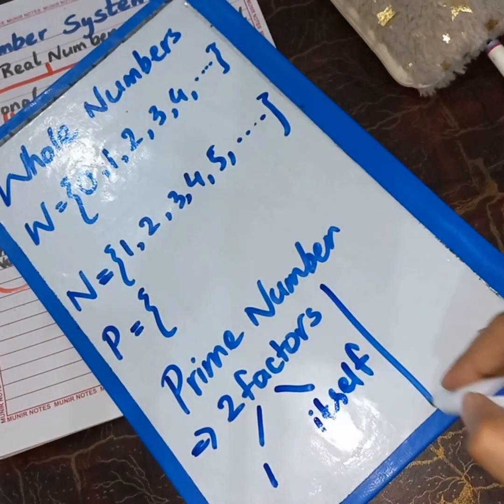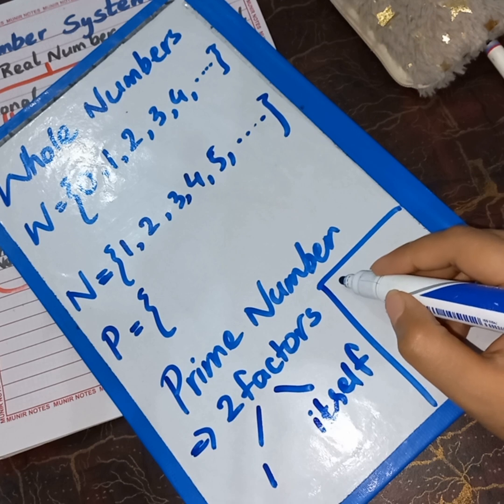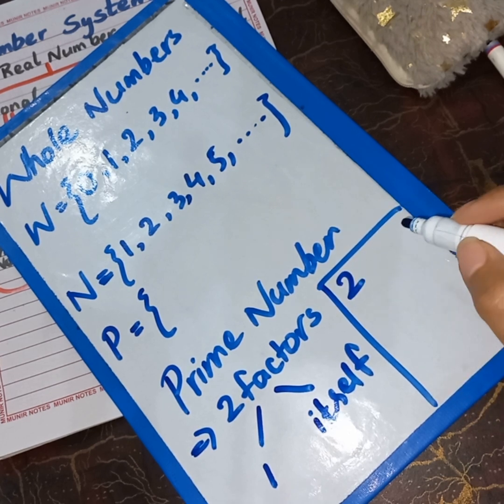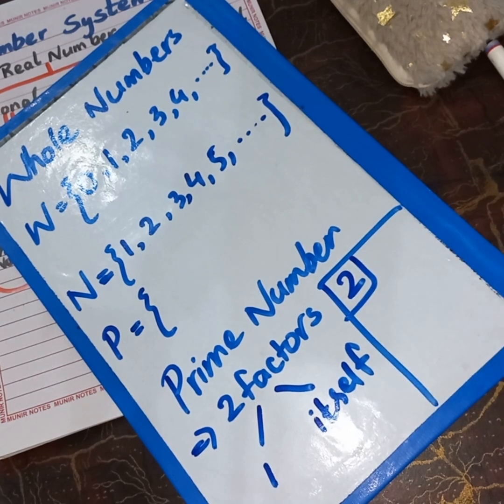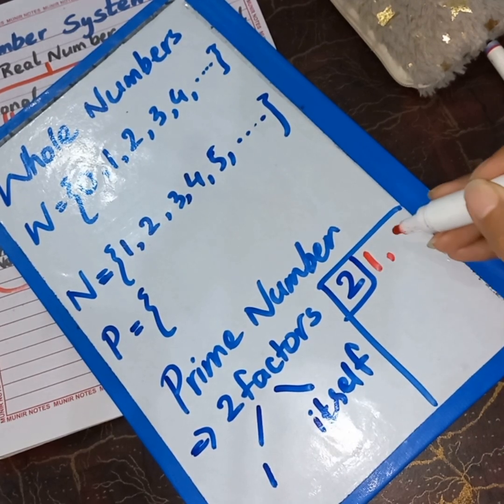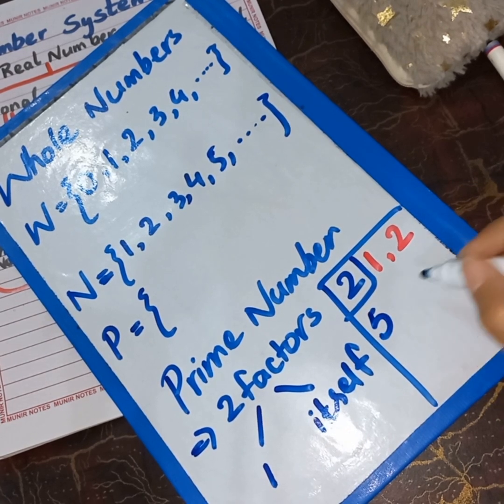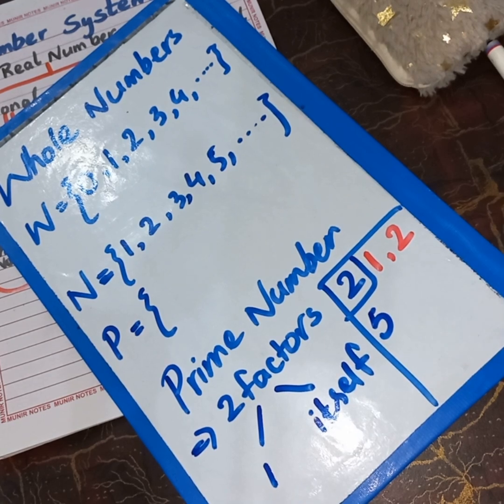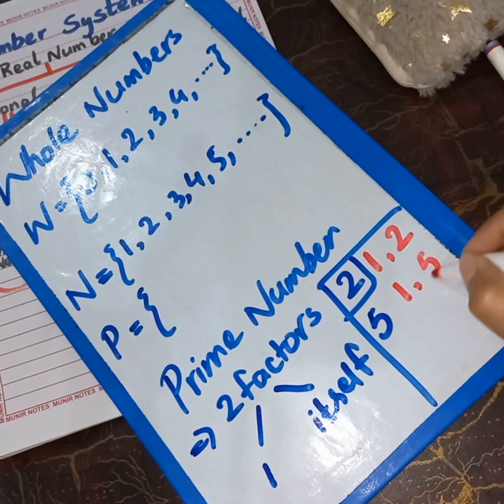Let's say for example 2. 2 is a prime number. How? Because it has two factors, 1 and the number itself. That's why it is a prime number. Okay, let's say 5. 5 is a prime number. Why? Because it has 1 and the number itself as factors.